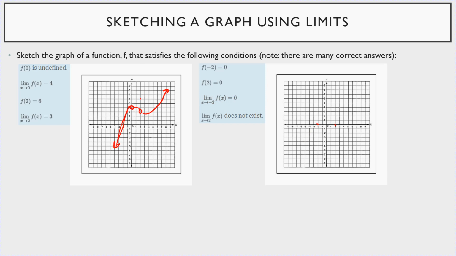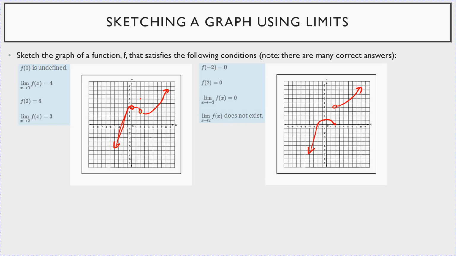So that means the graph has to go through this. But then the limit as x goes to 2 of f of x does not exist. There's a bunch of ways you could do this. So here, I'm going to have this go here, but then up here, I'm going to have a hole. And watch what I'm going to do. I'm going to have the graph look like this. And let's see how this works.